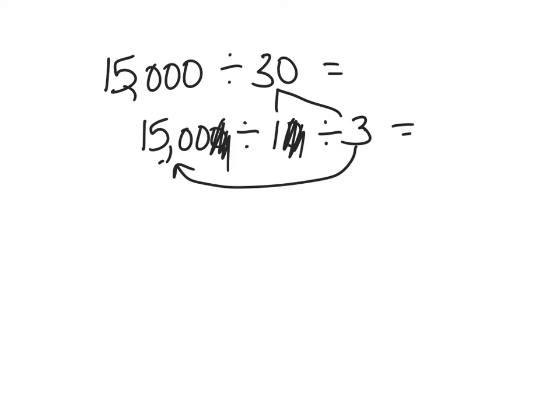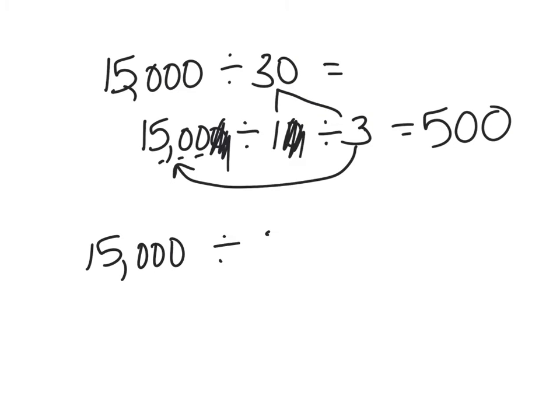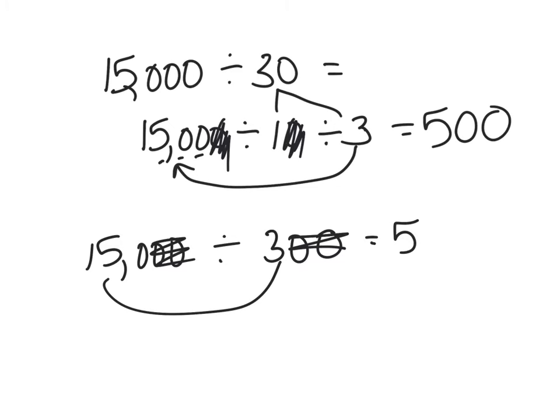I should see that 3 times 5 is 15, so 5 goes there, and I have 2 zeros left over. If I have 15,000 again, divided by 300, how many zeros am I going to take off? 1, 2. 3 goes into 15 5 times. I have 1 zero left over.